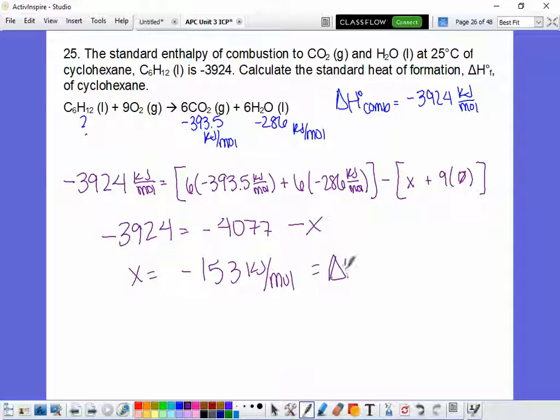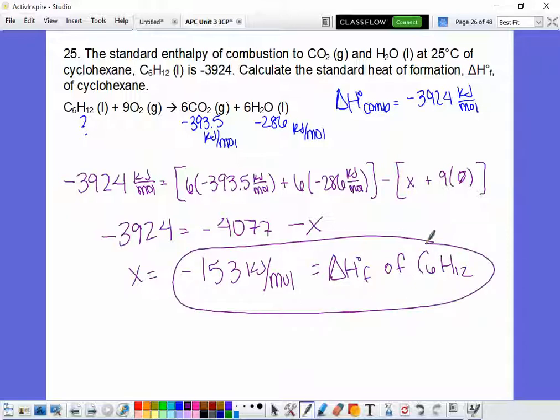And that is your delta HF of cyclohexane, C6H12. No, you do not need to include the 9 times 0. Cool? All right, that marks the end of Unit 3.